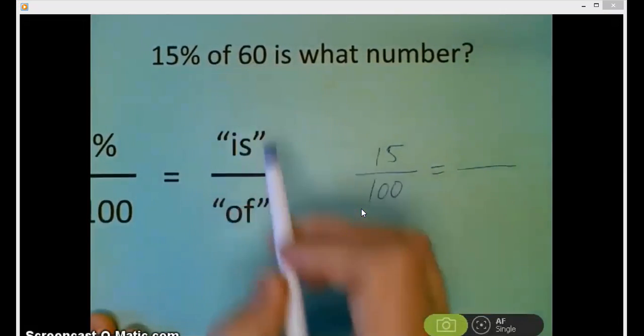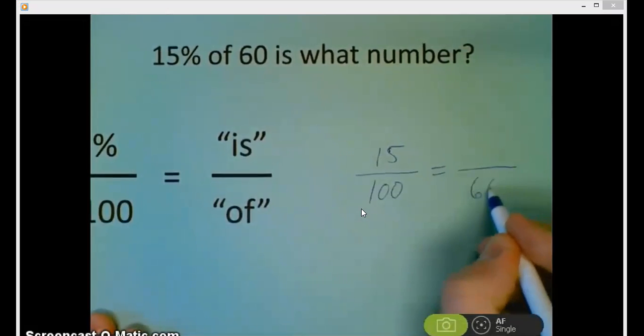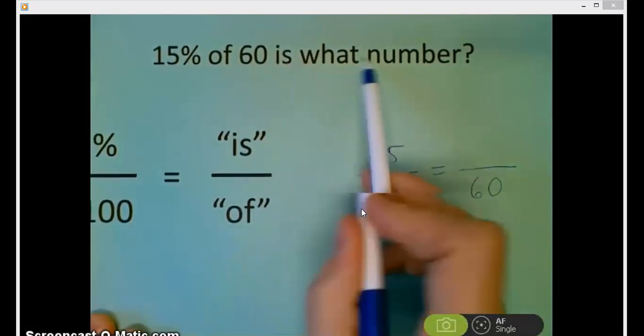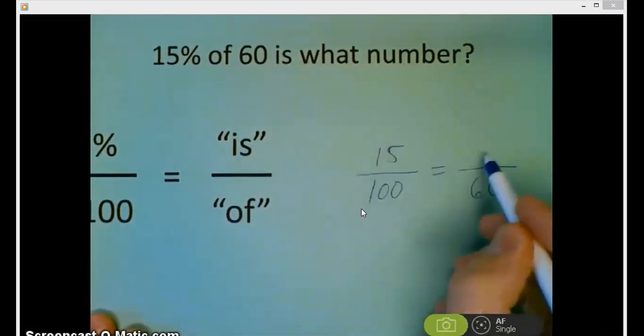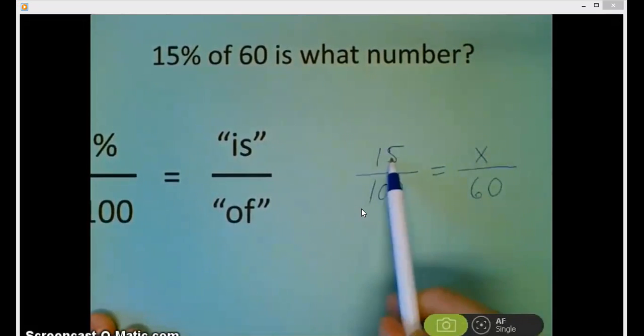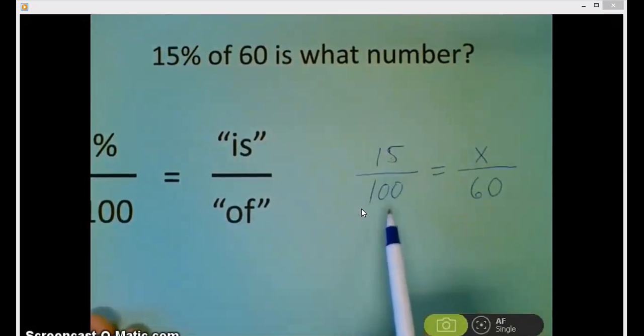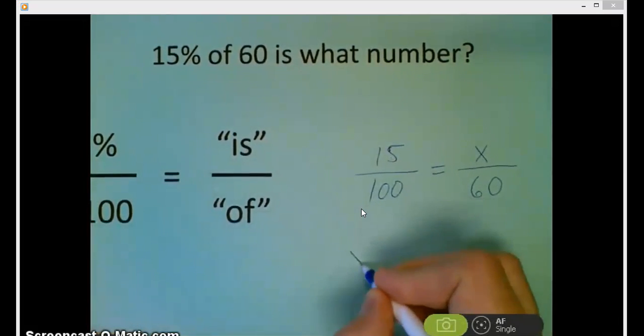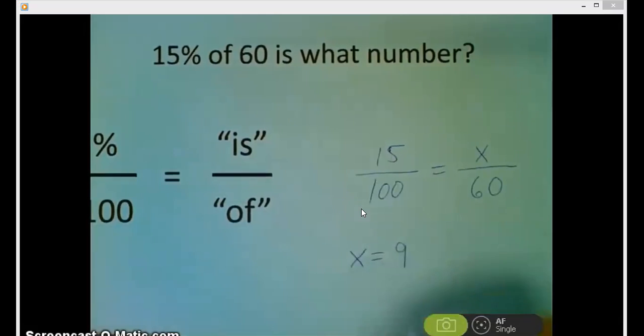Of 60, I know that of goes on the bottom. And is what number? There's my variable. Is goes on the top. So 60 times 15 divided by 100. I'm left with x equals 9.